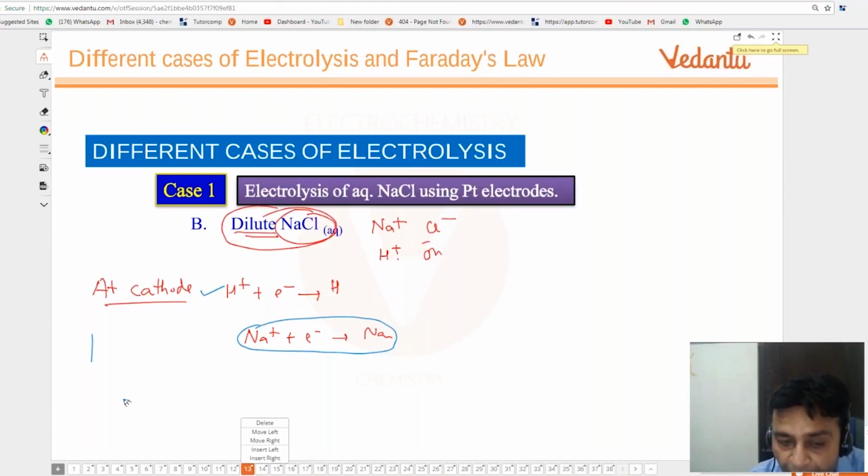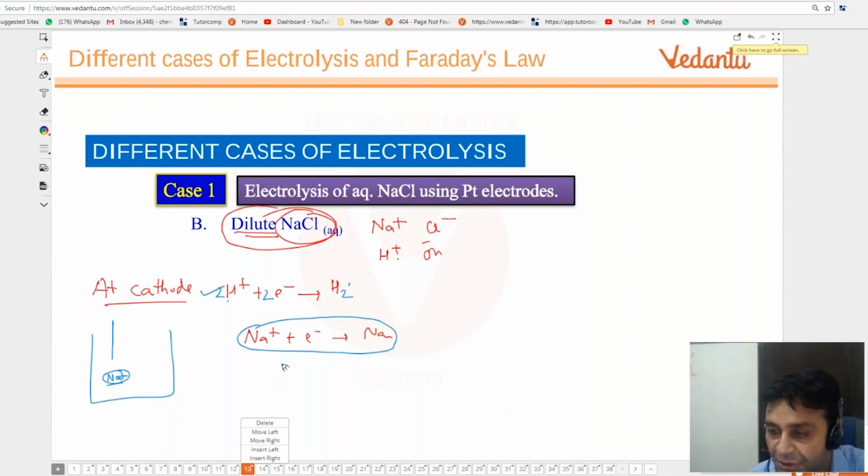It means around the electrode, the sodium ions are very, very less. It's a dilute case. Number two, hydrogen has more reduction potential. I told you, for hydrogen it is 0, and for sodium it is minus 2.71. So hydrogen gas will be liberated, not sodium.